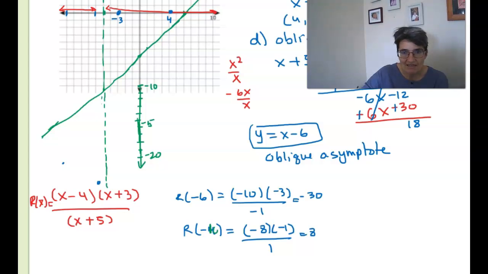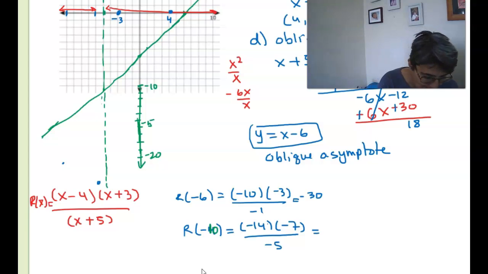I want -10. So -10 is going to give me -14 times -7 over -5. Alright, so let's see. 14 times 7 divided by -5, that gives me about -20.